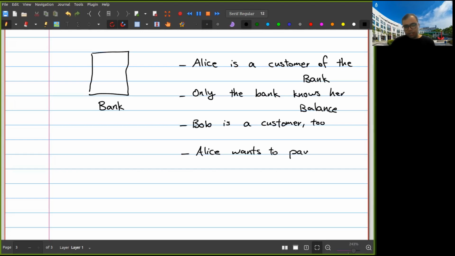But crucially, we don't want the bank to figure out that Alice is paying Bob. So we want security, or actually privacy is a better word. We want privacy with respect to the bank.